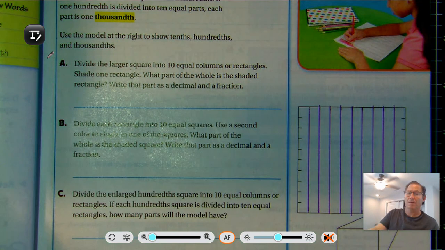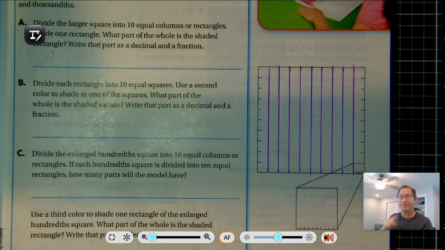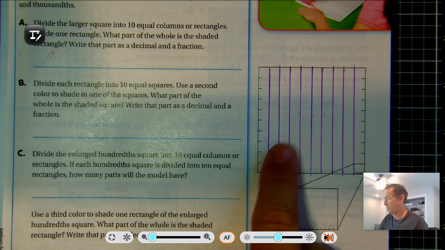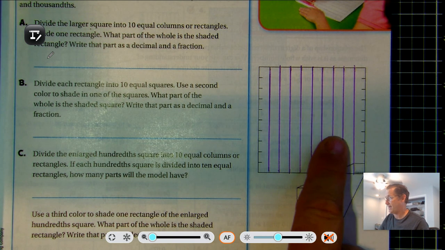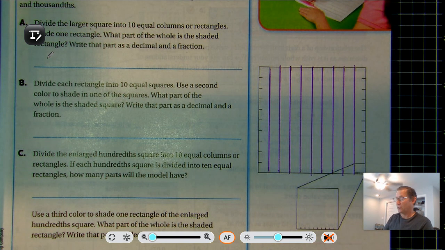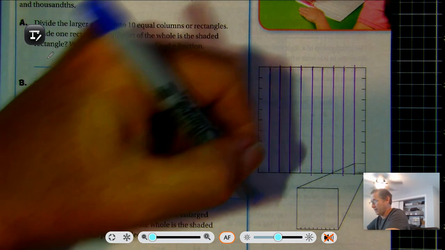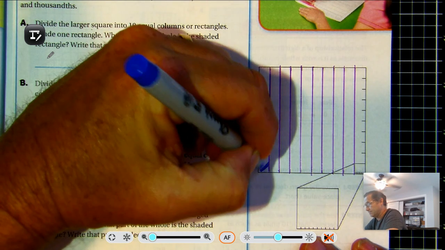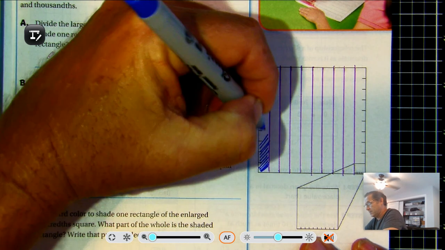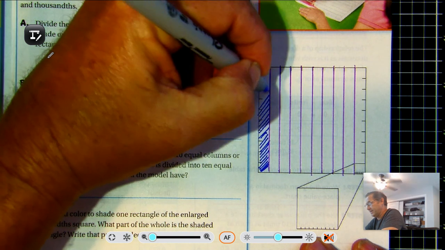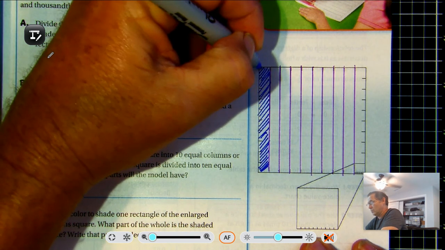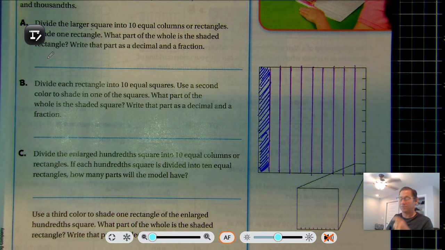All right. So after you've done that, we've had 10 sections, right? 1, 2, 3, 4, 5, 6, 7, 8, 9, 10. So this is a tenths model, and it wants us to shade in one of the rectangles. So choose a color and shade in one out of the 10 rectangles.